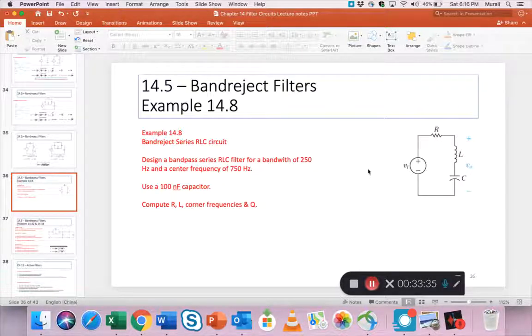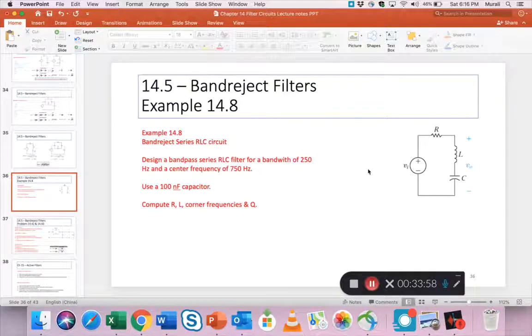So these are 3 different methods. Please become familiar. I haven't shown all of them in my PowerPoint, but they are in the textbook in a couple of places. So please make a note and appreciate the fact that he has used the beta formula, meaning he's using the bandwidth to come up with the corner frequencies.